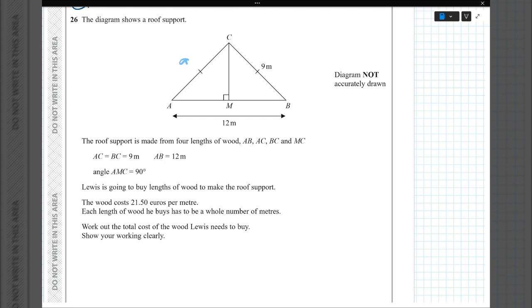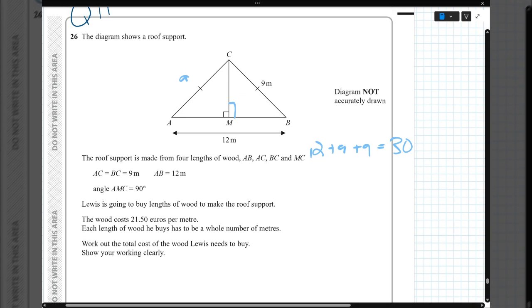So we need to know all of the values. So we've got 12 plus 9 plus 9, which is 30, but we've got that middle beam that we need to work out. Now this is a right angled triangle. M looks like a midpoint. Fairly sure it is a midpoint because we've got that right angle which is perpendicular to AB, and that means that this length is 6.